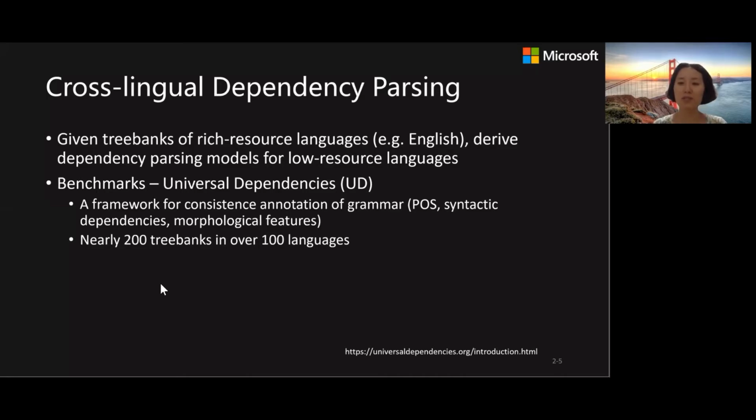A popular benchmark used in this research community is Universal Dependencies, also known as UD. So UD is a framework for consistent annotation of grammar for over 100 languages with nearly 200 treebanks. Here, a treebank refers to a parsed text corpus that annotates syntactic or semantic structure.